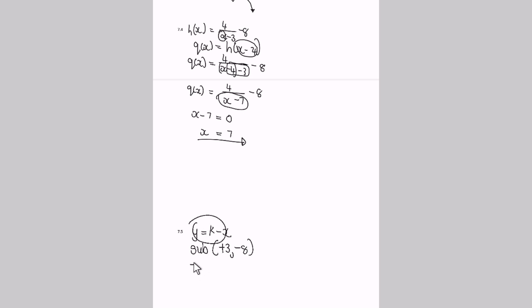So on the y, we'll have minus 8 equals k minus 3. Then we'll have a positive k, and then on the other side, because we need to bring numbers to one side and leave variables on the other side, we'll have negative 8 plus 3, because the negative over the equal sign is going to turn positive. Then we'll have k equals minus 5.